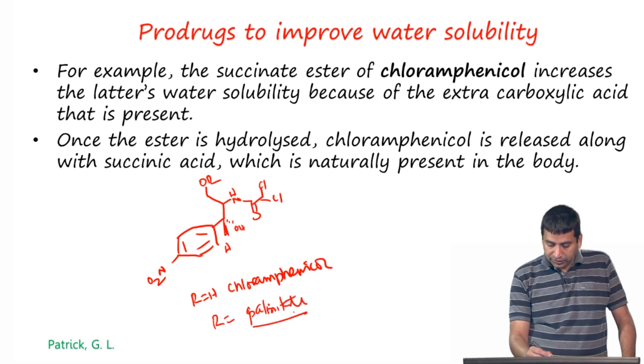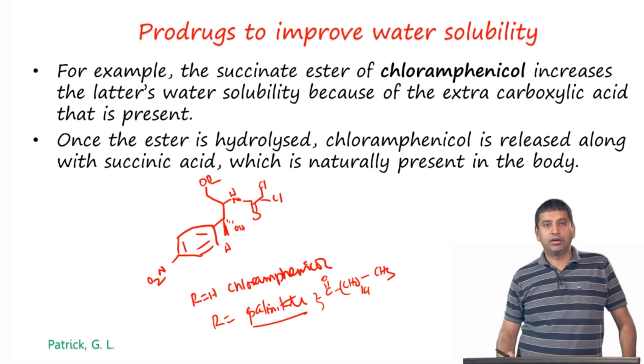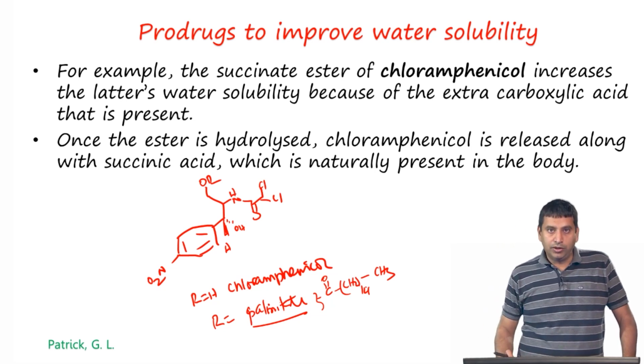Palmitate is basically a C double bond O with 14 carbons, CH2 14 times and then CH3. So, it is an extremely long hydrophobic chain, and this is used to reduce the water solubility.